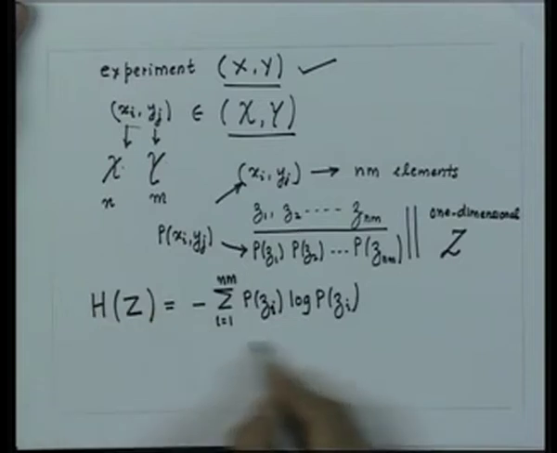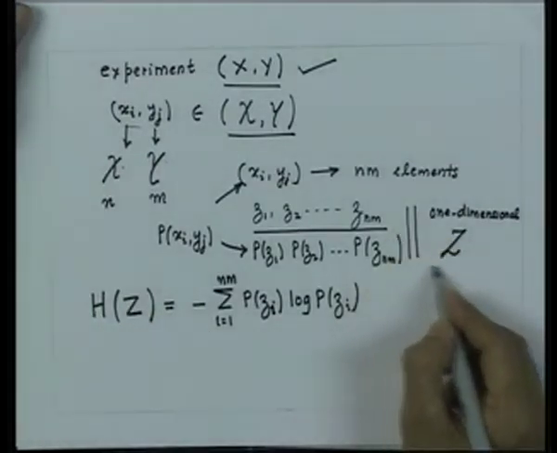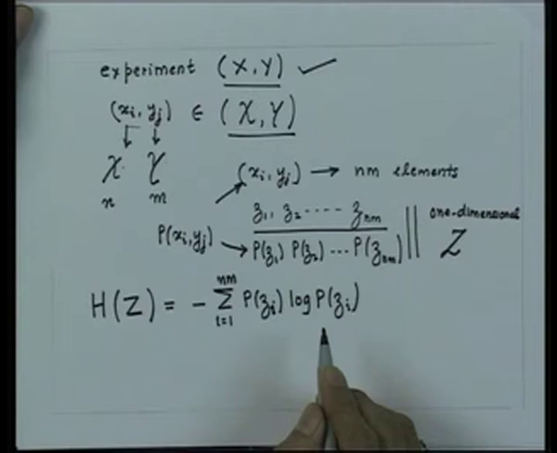So, this is the information measure associated with this experiment Z.